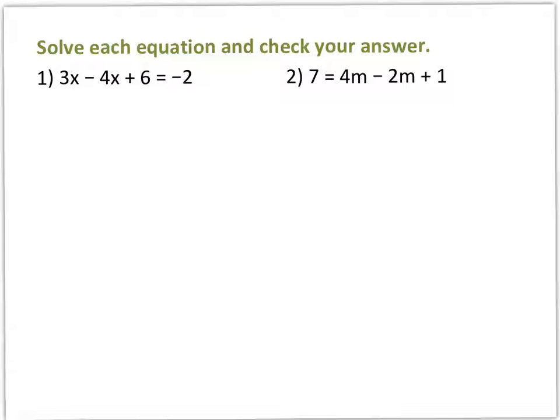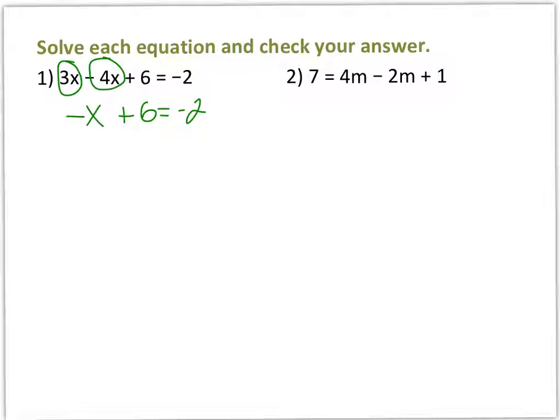So, in number 1, we don't have any fractions or decimals, no parentheses to clear. So then I look to combine like terms on each side of the equal sign. So on the left, I have a 3x and I have a minus 4x. So 3x minus 4x is negative 1x, and then bring down everything else we haven't used yet.